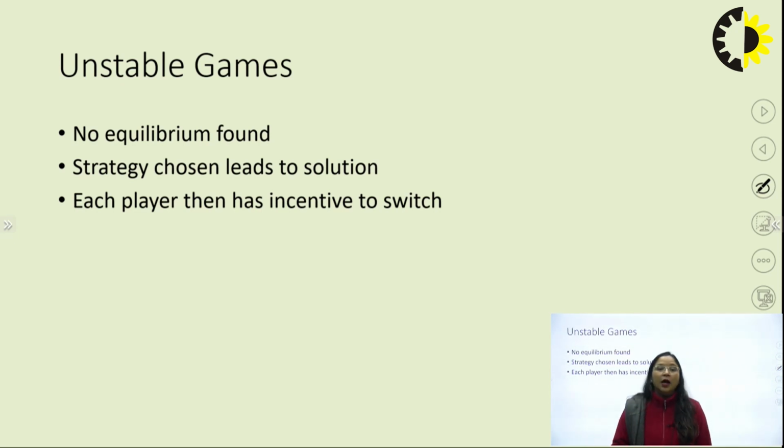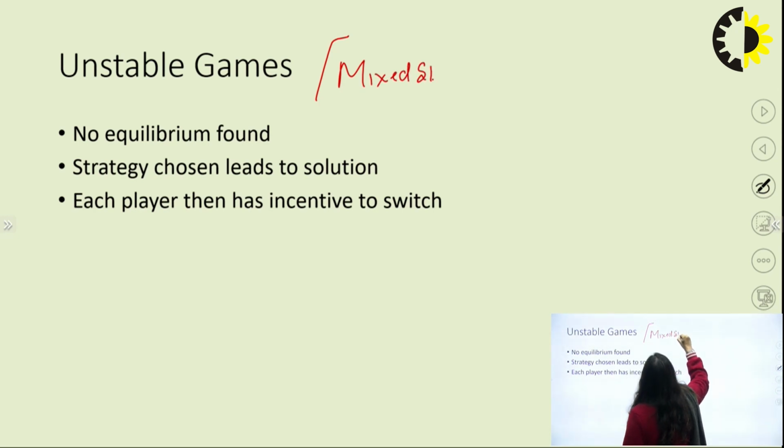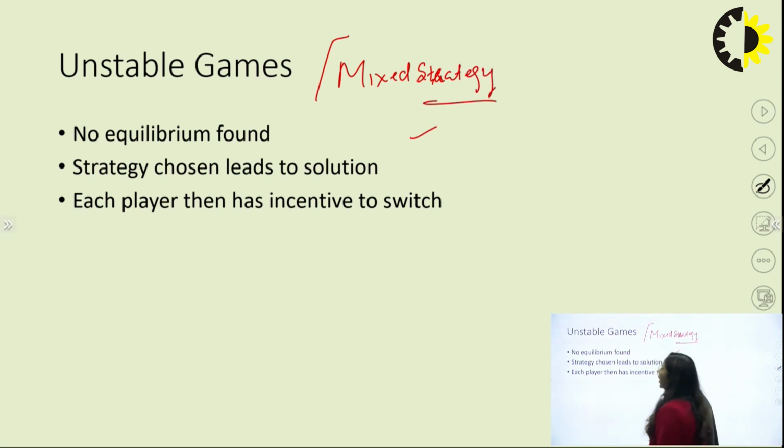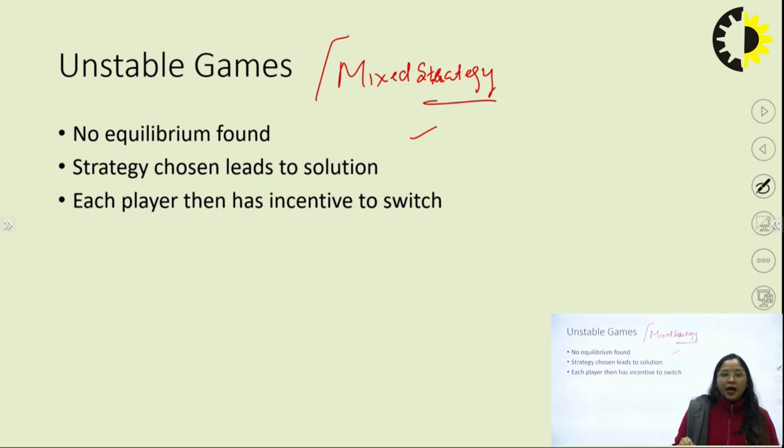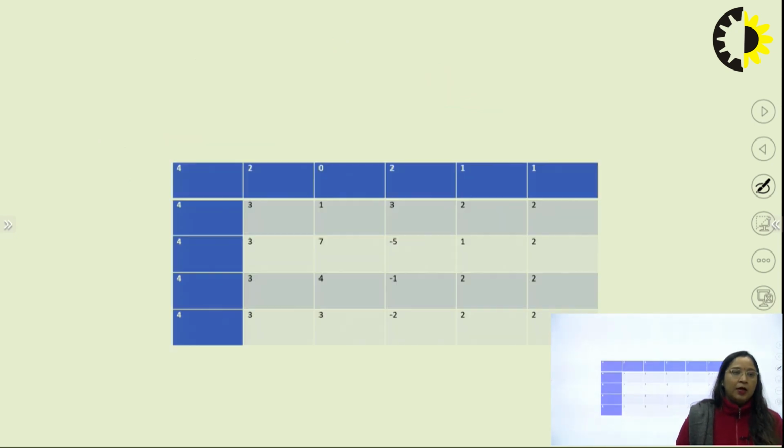Unstable games, which we also call mixed strategy games, actually have no equilibrium, and we have to use the dominant strategy to find out the solution to each and every game. For example, I am taking this example of a game theory.